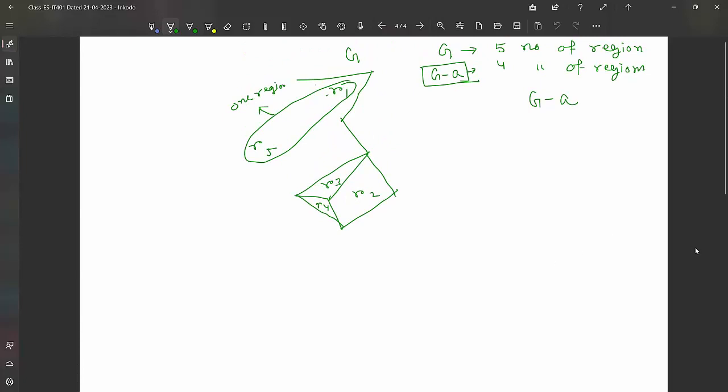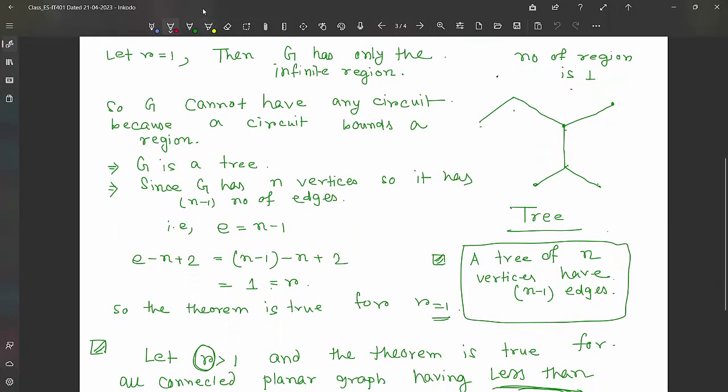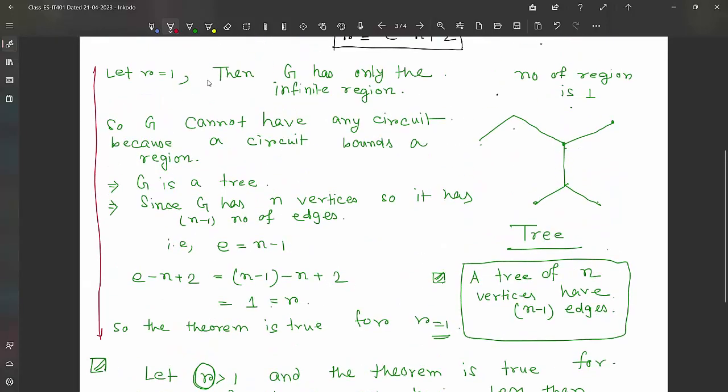Yes. So we start from here: we start that our theorem is true for r is equal to 1. We have checked that in this portion, from here to here, that our theorem is true for r is equal to 1. After that, we have taken that our theorem is true for any other values, that means up to 2, 3, 4 and up to what?